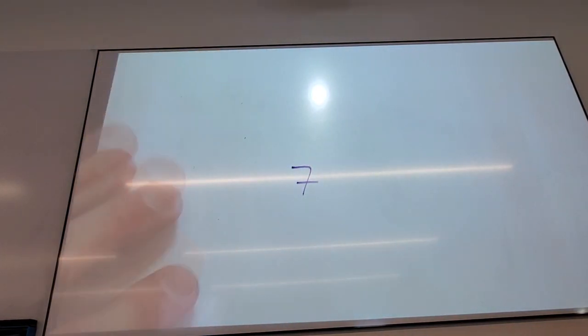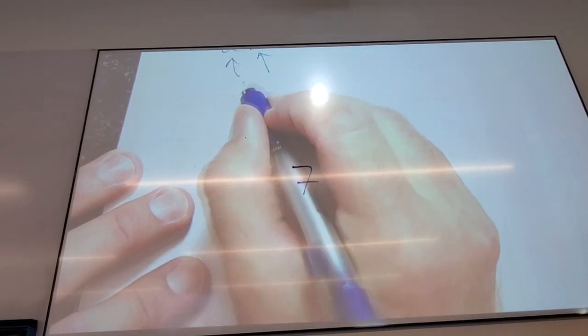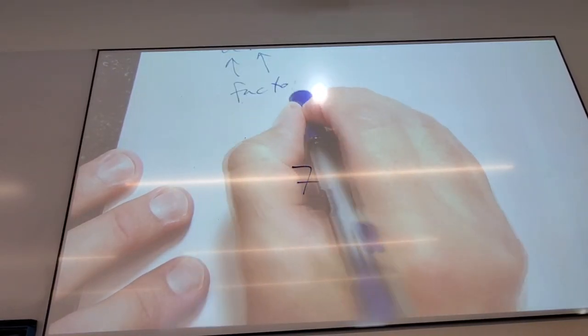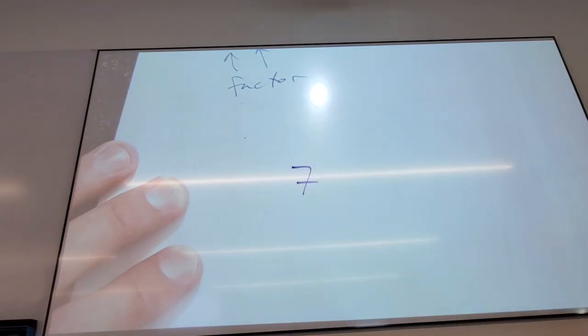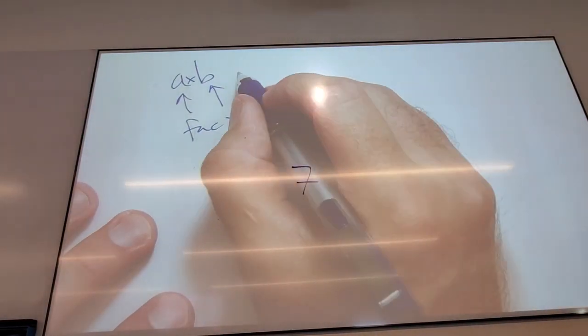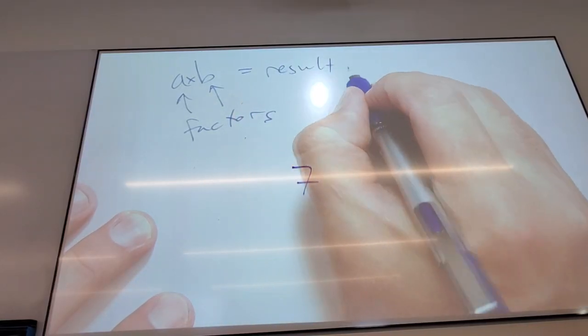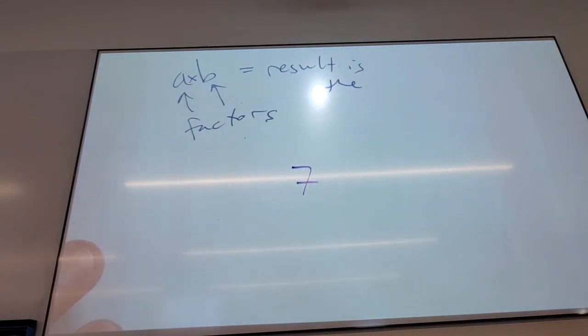So very quickly, main things about multiplication. These are called factors. So if I have A times B, these are factors. The result, does anyone know what the result is called? Product.